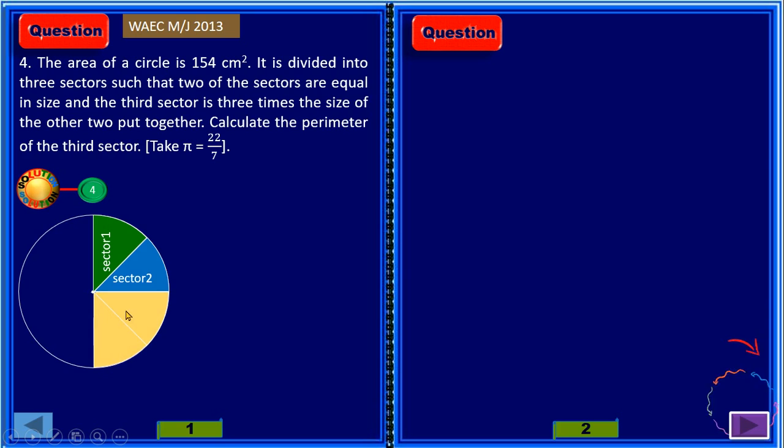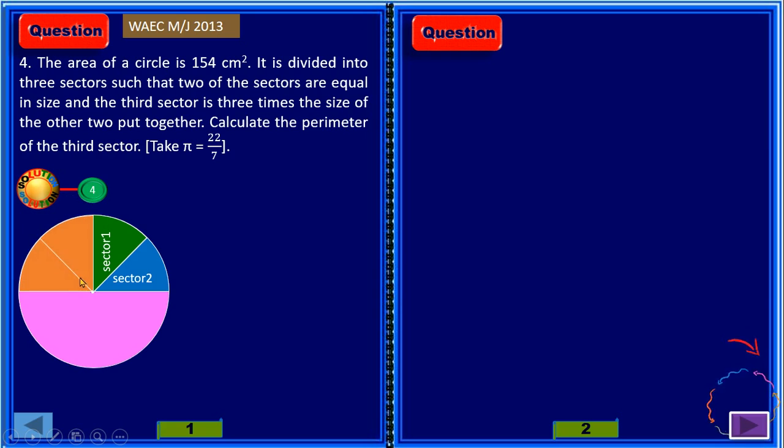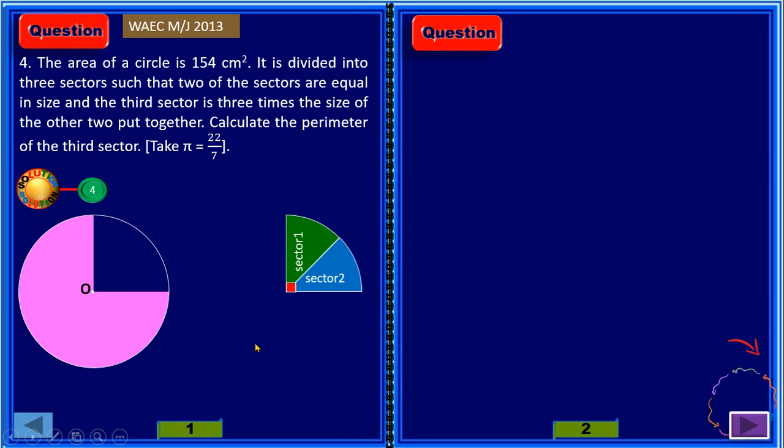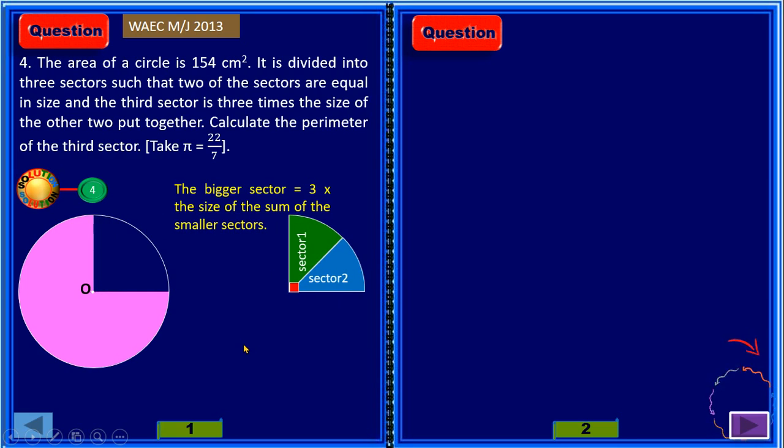So that is the second part and the third part. The area of this sector is 3 times the area of these 2 sectors put together, according to the question. The area of the bigger sector is 3 times the area of the small sectors, 2 of them put together.